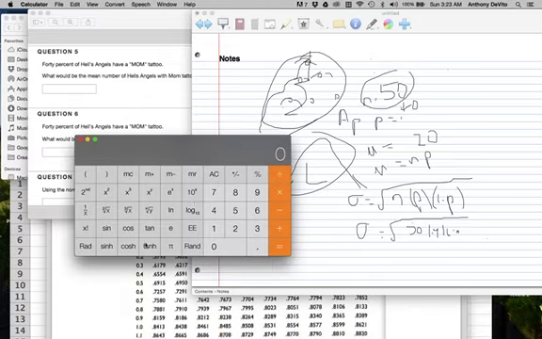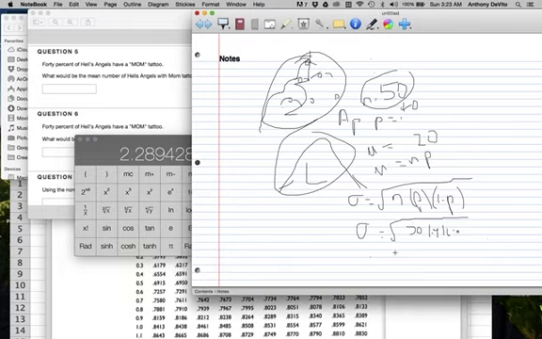Let's get the calculator out. 50 times 0.4 times 0.6 is equal to 12. That seems like an improbable standard deviation for this distribution. We've forgotten to take the square root though. So square root, and that's going to be equal to 2.3, rounded off for our purposes.